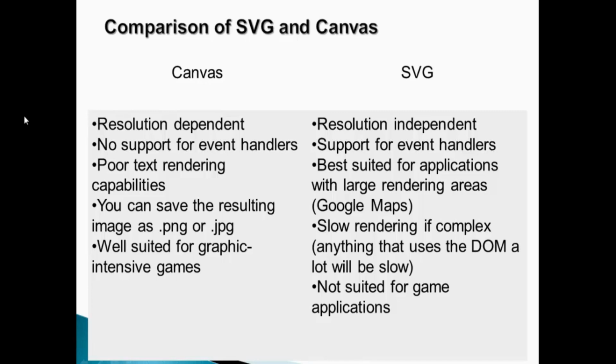You can save the resulting image as .png or JPG extension. SVG has slow rendering if complex, anything that uses the DOM a lot will be slow. Canvas is well suited for graphic intensive games, while SVG is not suited for game applications.